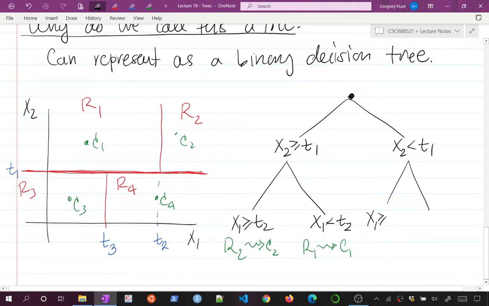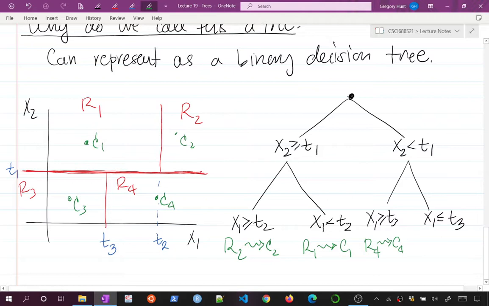If x1 is bigger than T3, we're in rectangle R4, and so we're going to predict C4.